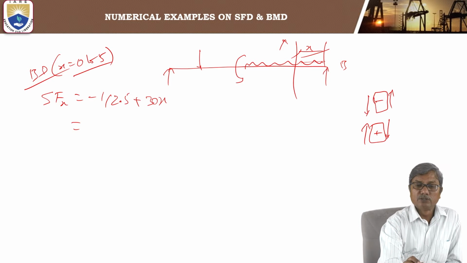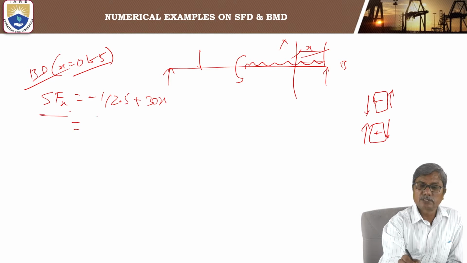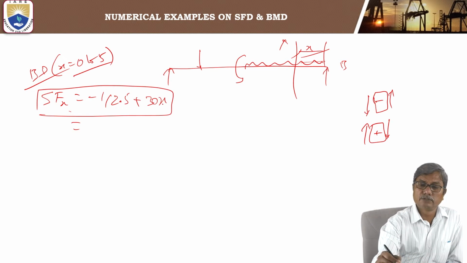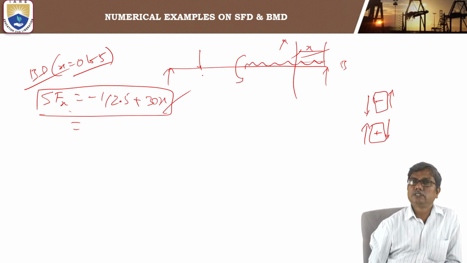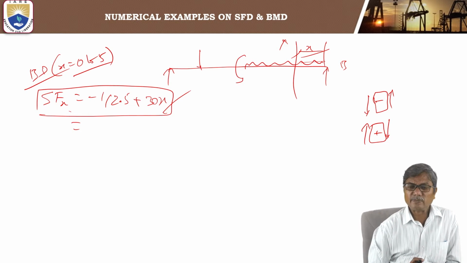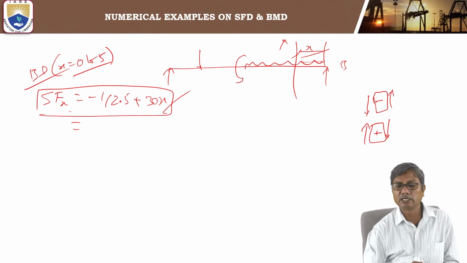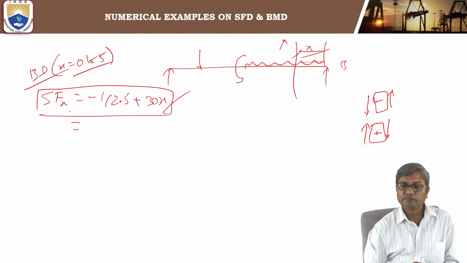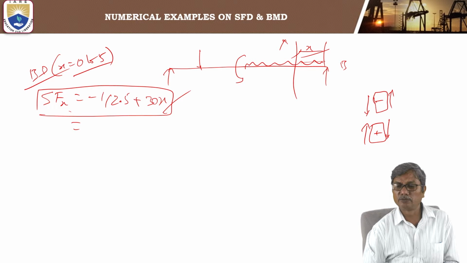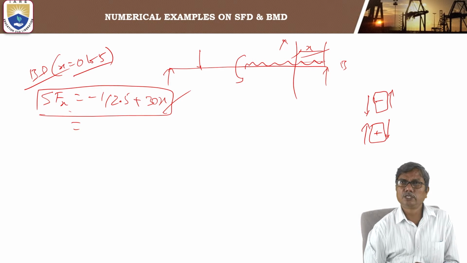So if you observe this, shear force now depends on distance x. What this means is shear force varies linearly between B and D over the length of 5 meters. In the portion where UDL is acting, shear force varies linearly.